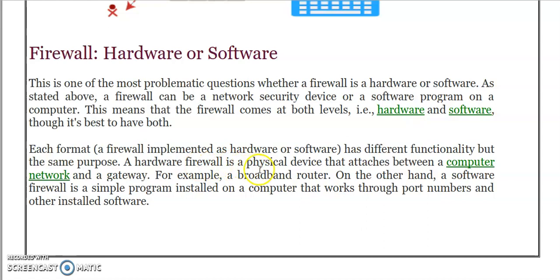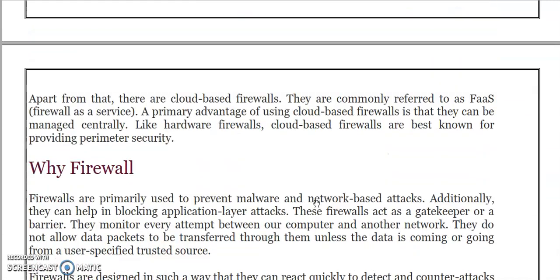The hardware firewall is a physical device that attaches between a computer network and a gateway, for example a broadband router, lying between the main entrance of your computer. On the other hand, a software firewall is a simple program installed on a computer that works through port numbers and other installed software.